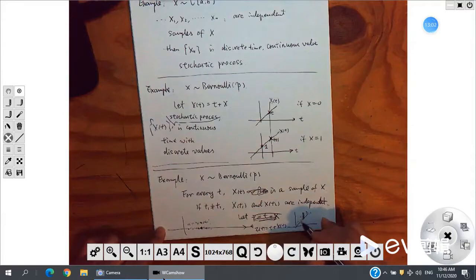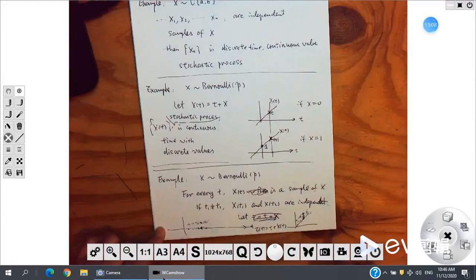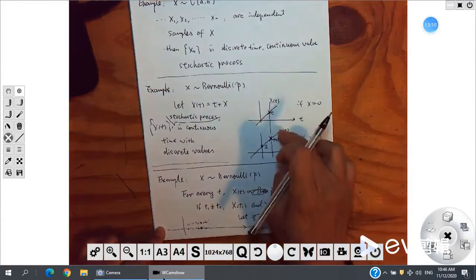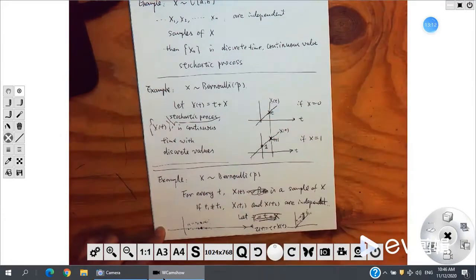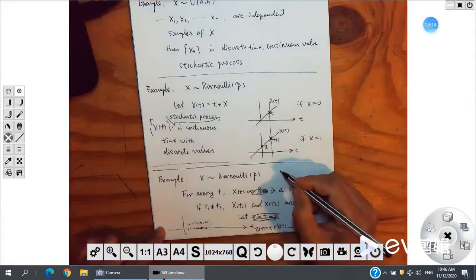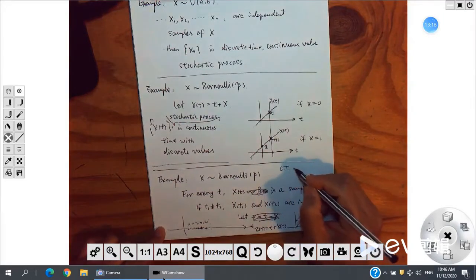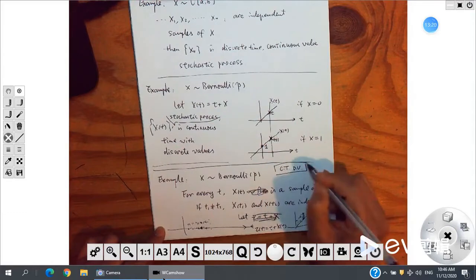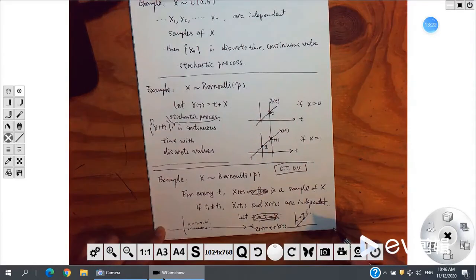Then xt is random, so zt is also random. It's more random than that one. So this is also continuous time and discrete value.